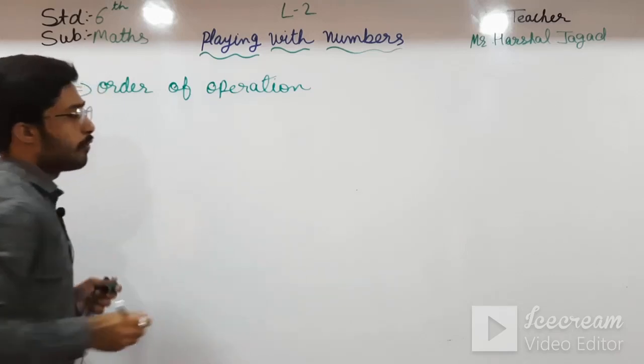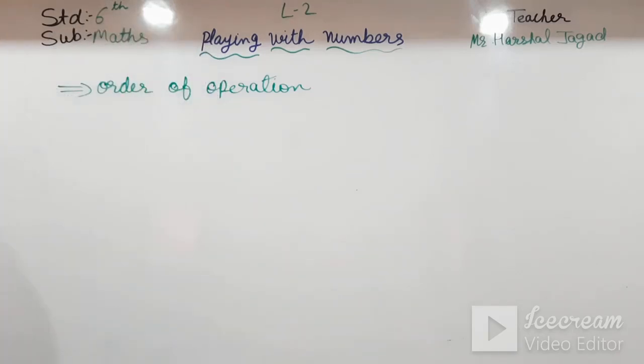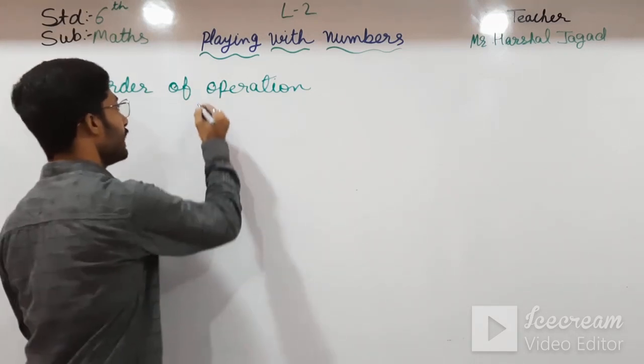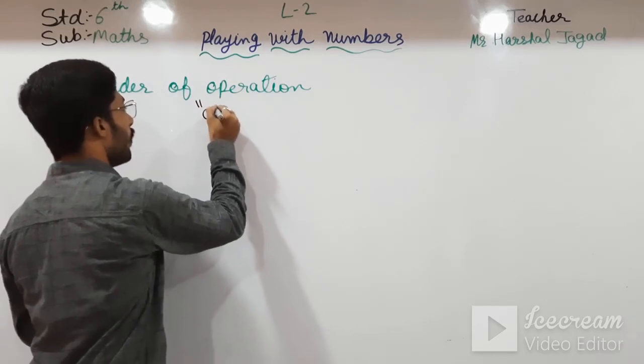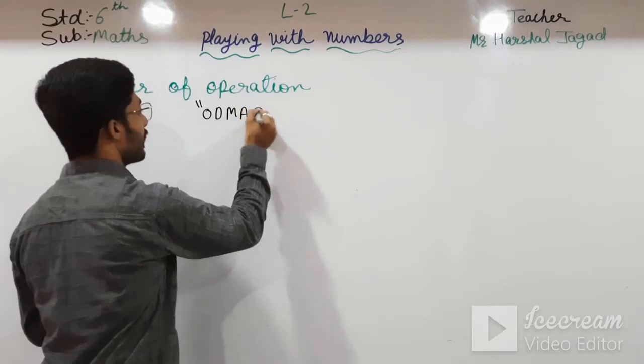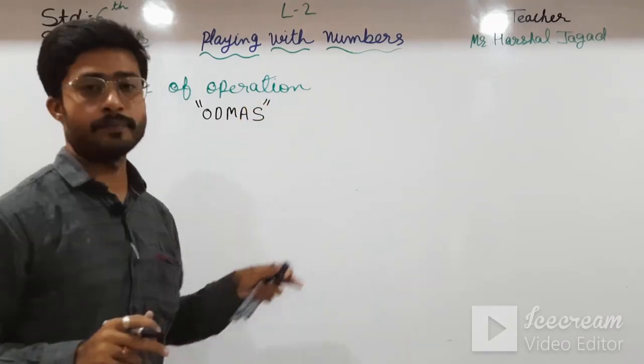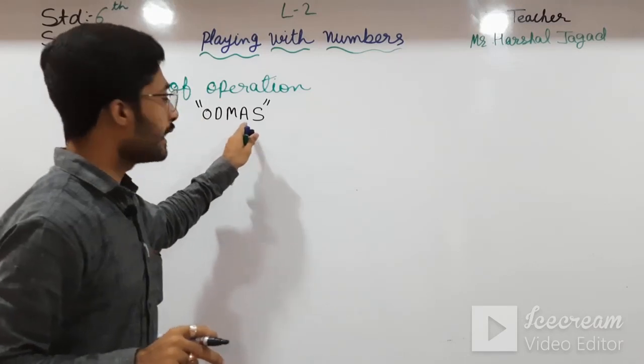So first of all, what is order of operation? See here, in your textbook there is given ODMAS. I am writing that ODMAS. You have to just remember this ODMAS.